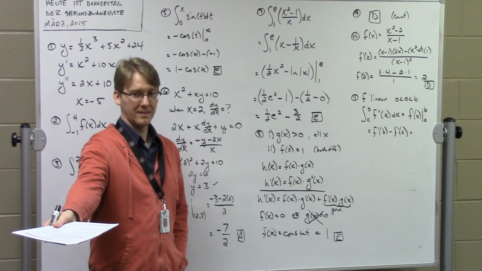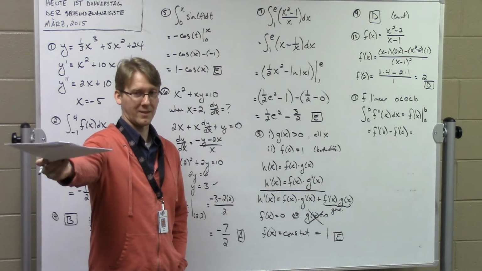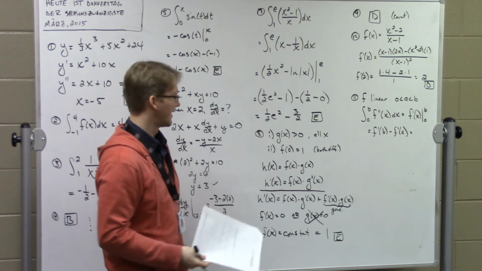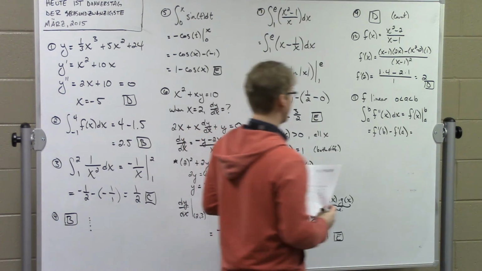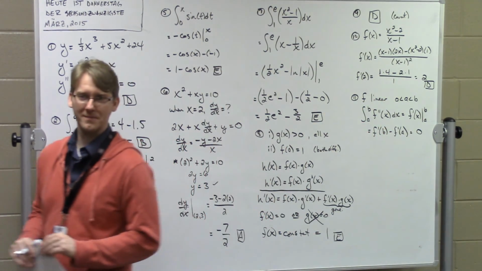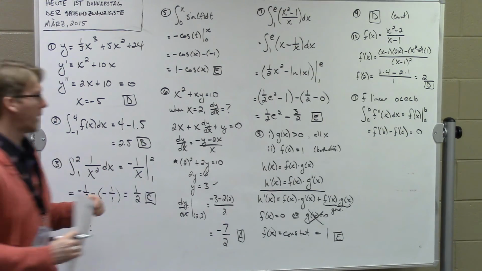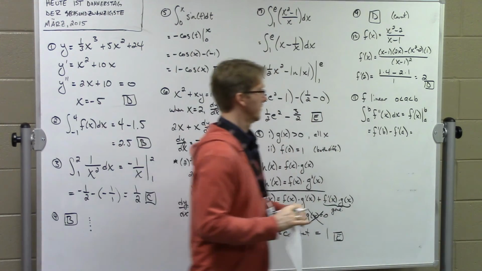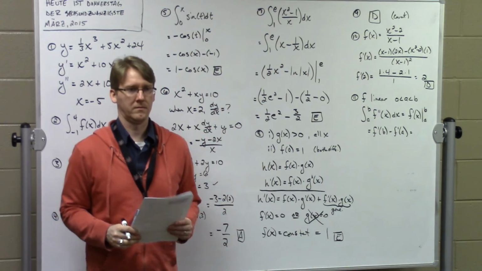Try A, B, C, D, E. Okay, Graham, what do you think? I'm actually going with A. Graham's right. Good job, Graham. Oh wait, I'm so sorry, Graham's not right.